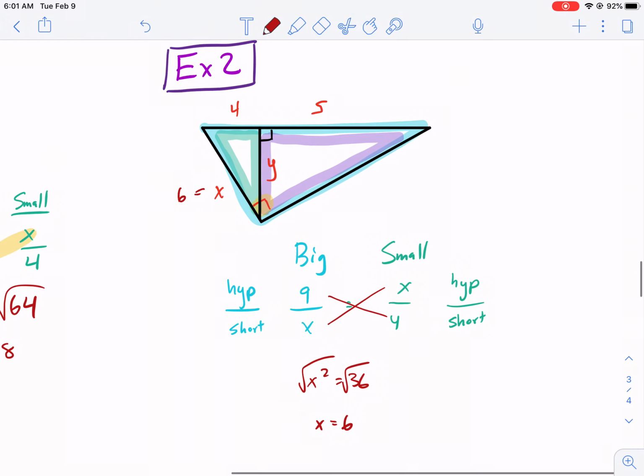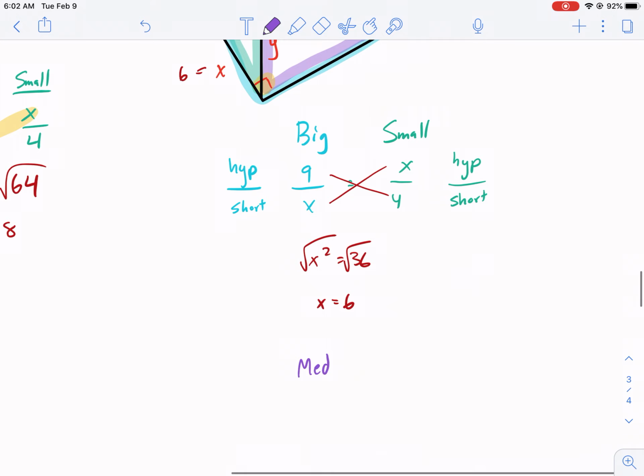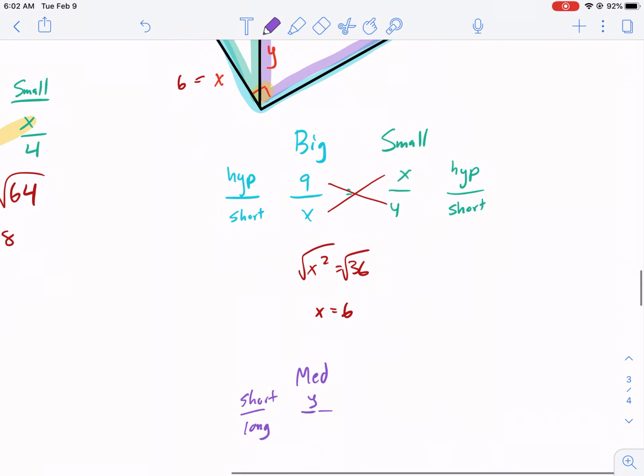Here I have y. That's an altitude, so I know I need to compare my medium and small. With my medium triangle, that y is my short side. So let's compare my short side to my long side this time. So my short side is y, my long side is 5, and this is going to be equal to my small triangle.